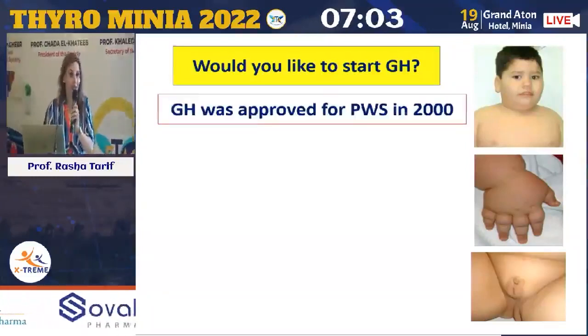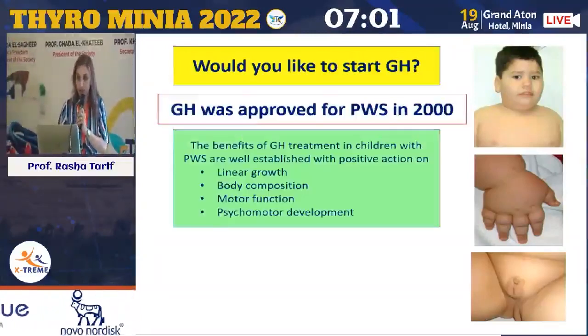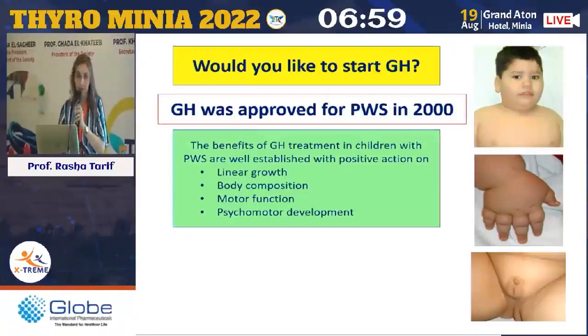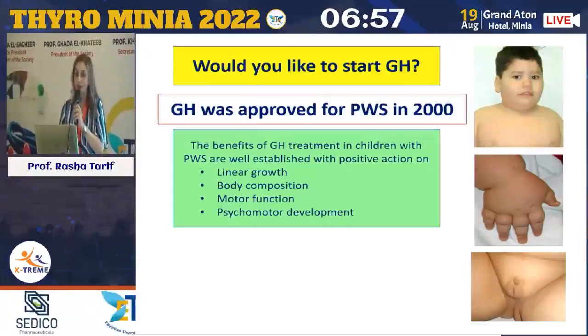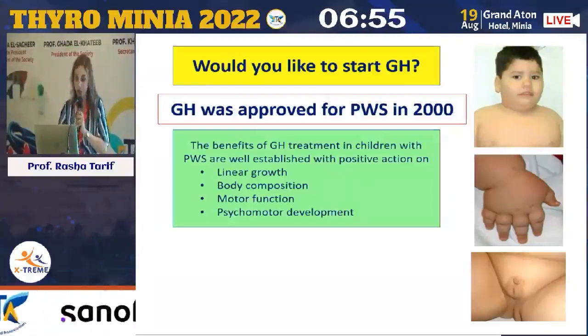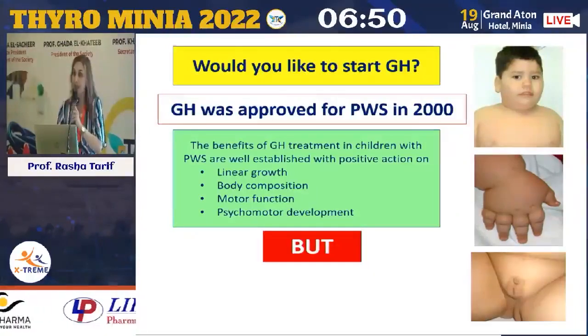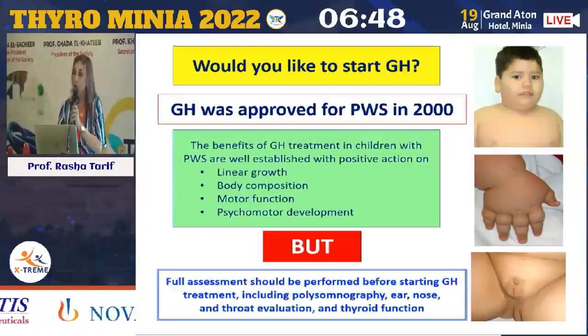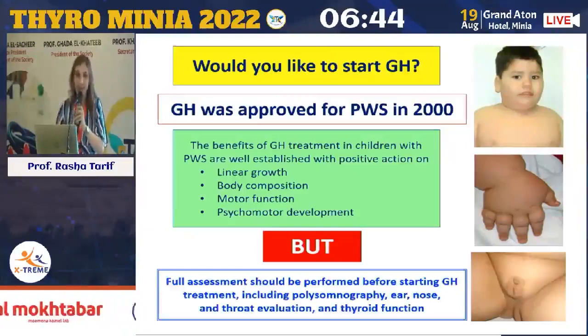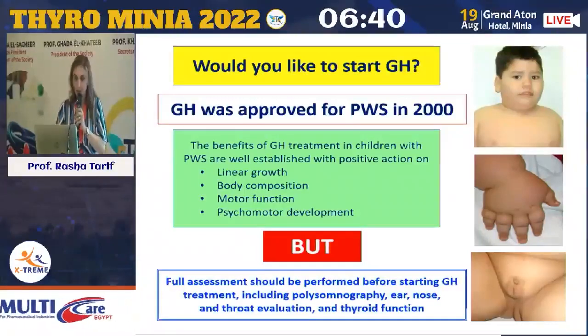So yes, growth hormone is approved in Prader-Willi. There are a lot of benefits regarding the height, the body composition, the motor function, the psychomotor development, but, and this is a very big but, we have to do a full assessment, including a polysomnography, ENT examination, correct the thyroid function and the insulin resistance.